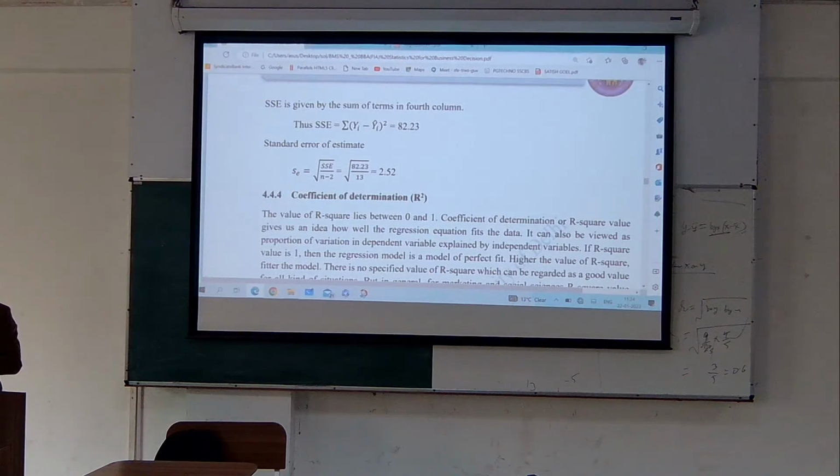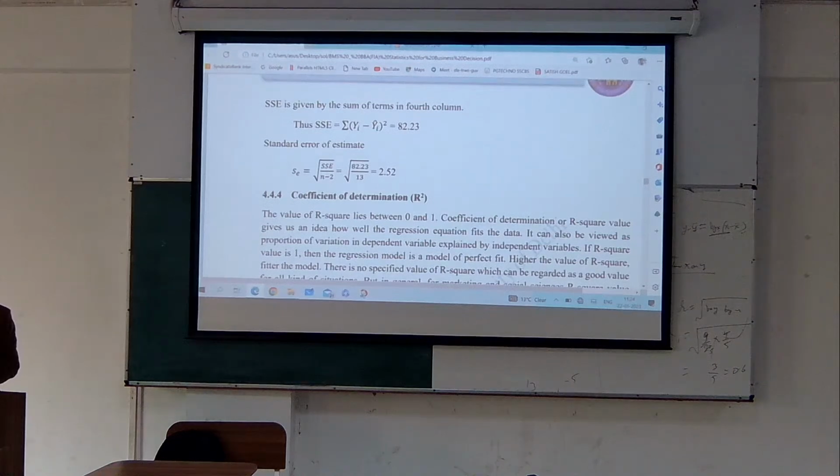If you divide it by n minus 2, you can say error of estimate, so you have to take the square root and divide by n minus 2. n is the total number of observations, 15 था, n minus 2 आप करेंगे तो you get 2.52. Okay, so this is the standard error of estimate.